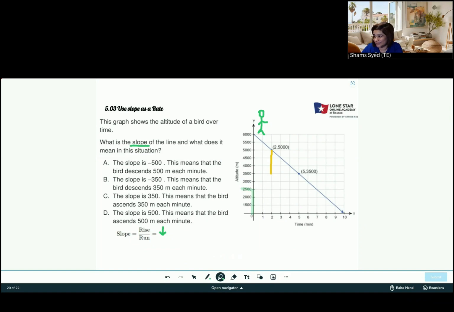Not 3,500, no. I think it is 2,500 because 1, 2, 3 blocks in the grid, read the scale. The scale is not going by ones. Oh, it starts at 1,500. Let me see.